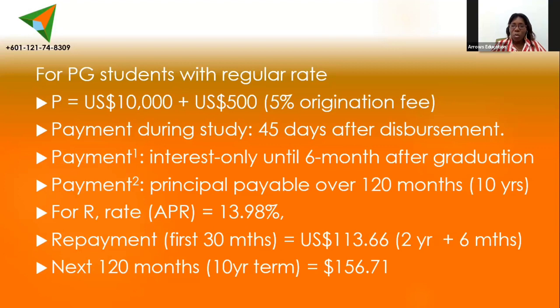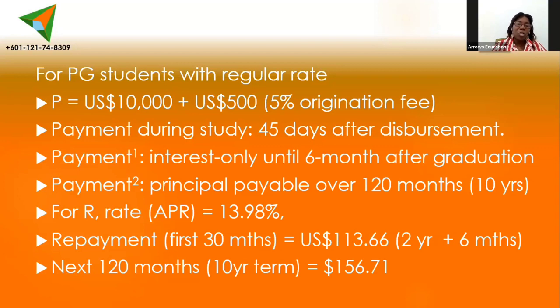So monthly, you're going to be paying a little amount. For the first 30 months, that's 2 years of study and 6 months moratorium period, you're going to be paying back $113.66. It's not much. So you can pay that back from the earning you are going to be making when you work as a student.